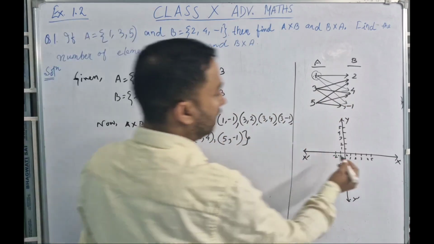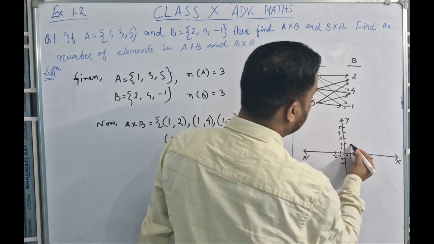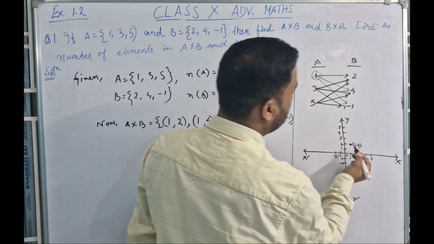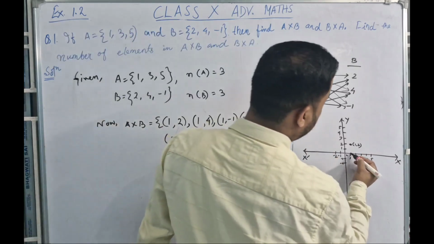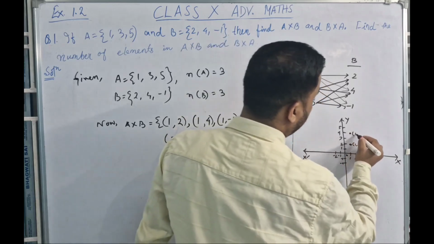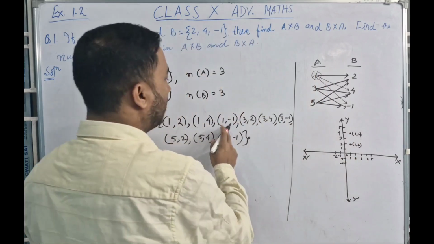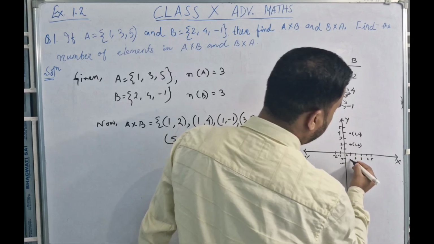Here, 1, 2: the x coordinate is 1 and the y coordinate is 2. So it will be (1, 2). This ordered pair is representing this. Then (1, 4), the ordered pair (1, 4). Then (1, minus 1) will be here only.